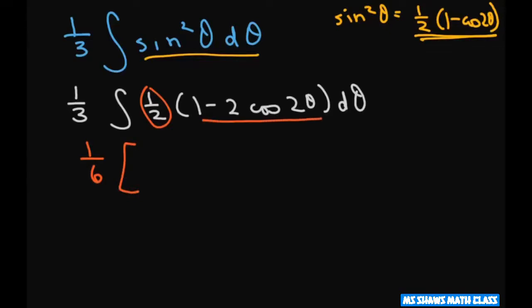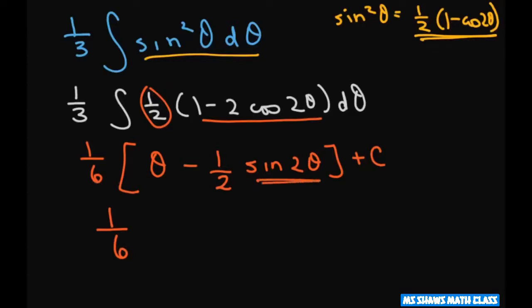So that's going to be theta minus 1/2 sine 2 theta plus c, which basically equals 1/6, and I'm going to expand this.